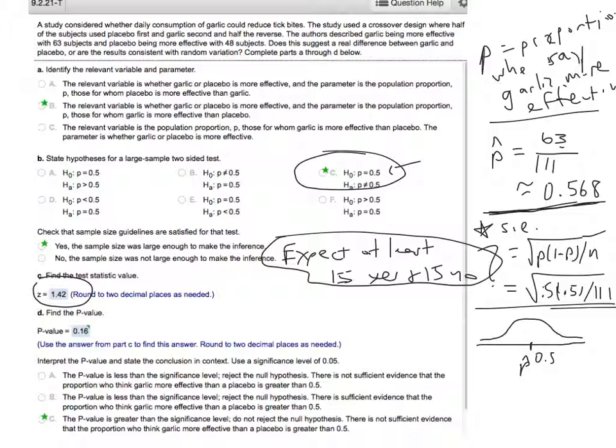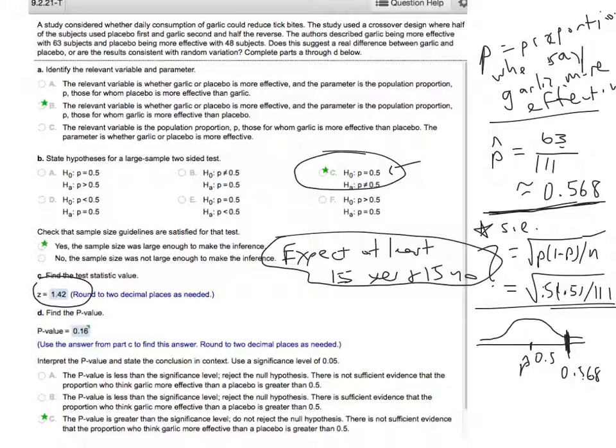The particular p hat we have is 0.568, so it's out here, on this distribution that's centered at 0.5.